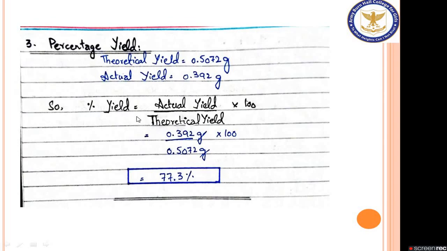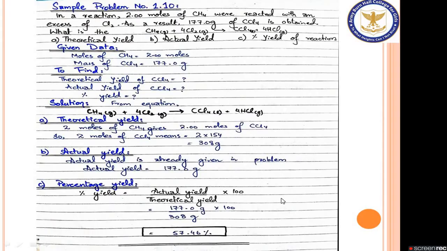So by using the formula that percent yield is equal to actual yield divided by theoretical yield multiplied by 100, by putting both these quantities, the grams cancel out with each other. So the percent yield for this reaction is equal to 77.3%.